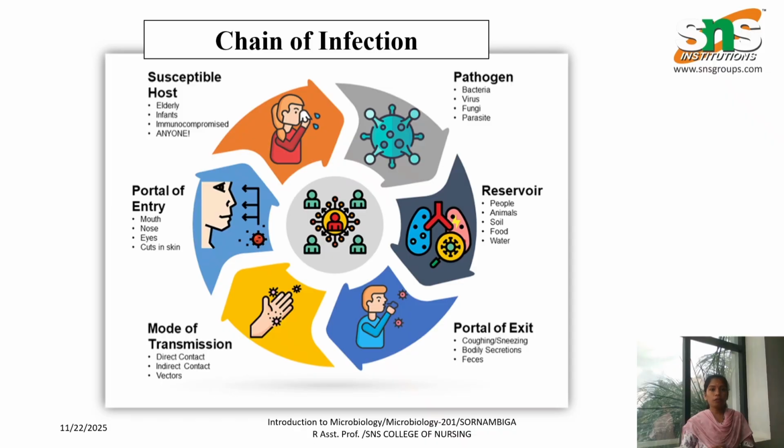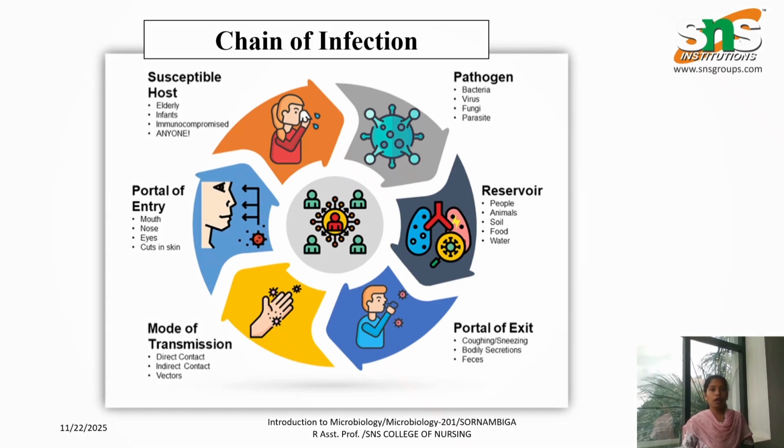Modes of transmission include direct contact and airborne nuclei like tuberculosis, and mosquitoes like malaria, typhoid and jaundice, and splashes to the immunocompromised. This is the chain of infection from one person to another: a susceptible host, portal of entry and mode of transmission, so we follow proper hand hygiene methods.